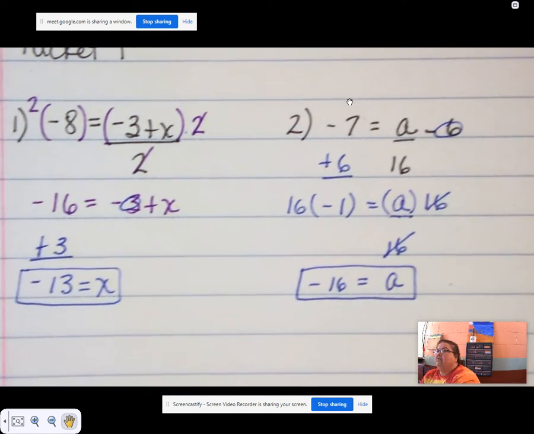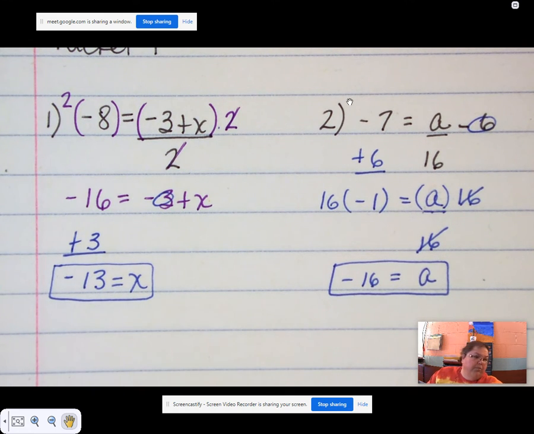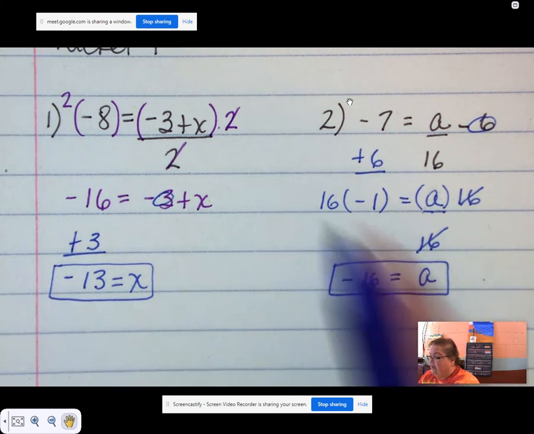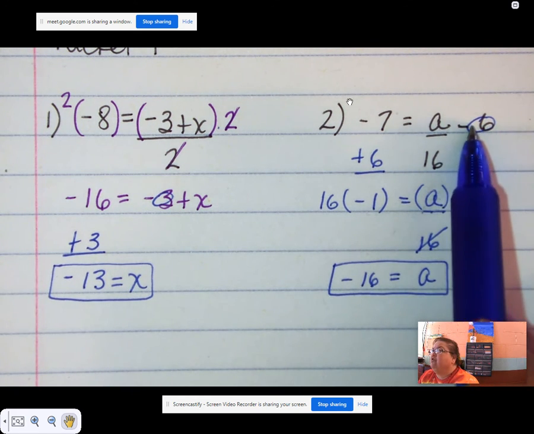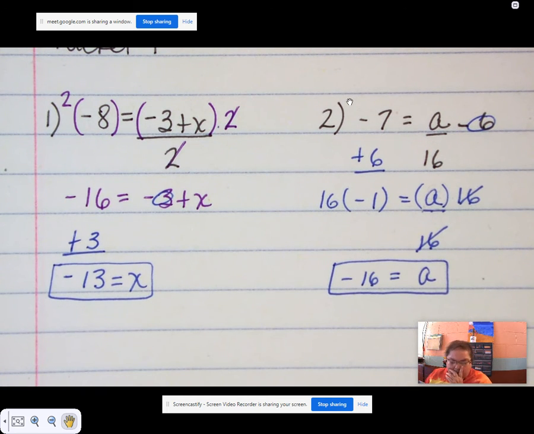Okay? So, there is the difference in how you work those two problems. Questions about those? Okay? When solving, addition and subtraction goes away first, then we take care of that multiplication or division.